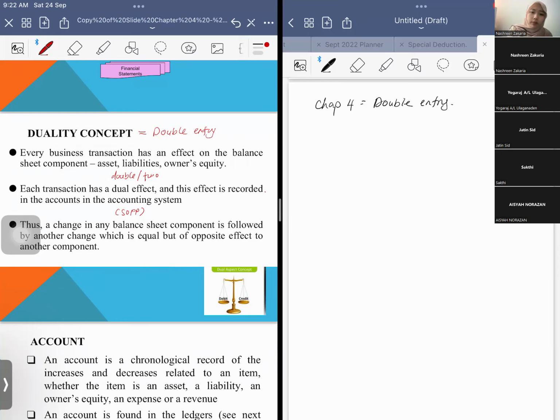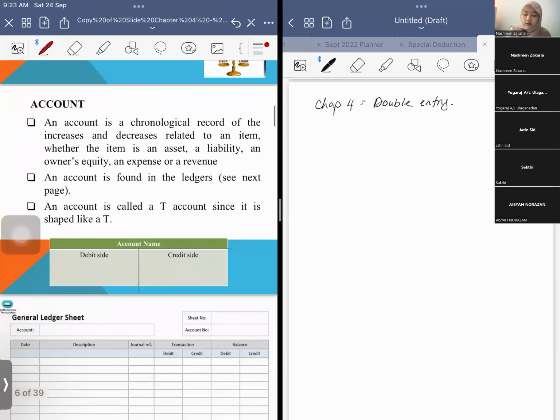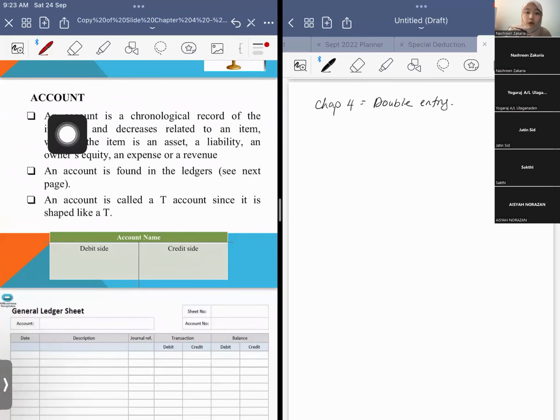So that is what it means. Every transaction must have two effects, two or more, two to three effects. Later on we will see examples of how you identify the effect of a transaction. That one is about the concept.